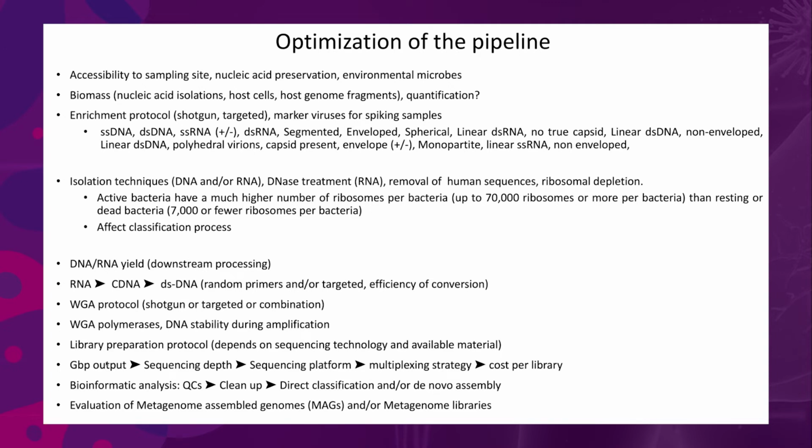So if we know, it's basically back on the experimental protocol. When we are able to define a certain sequencing depth, then it can define the type of sequencing platform we can use, what multiplexing strategy we're going to do, so how many samples per sequencing run, and of course all these define the cost per library.